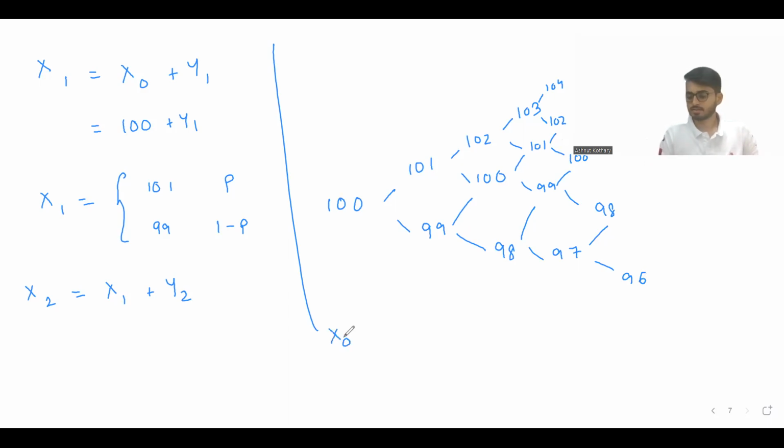And this is X0, this is X1, this is X2, this is X3, this is X4. All the up steps will have probability of p, all the down steps will have probability of 1 minus p.